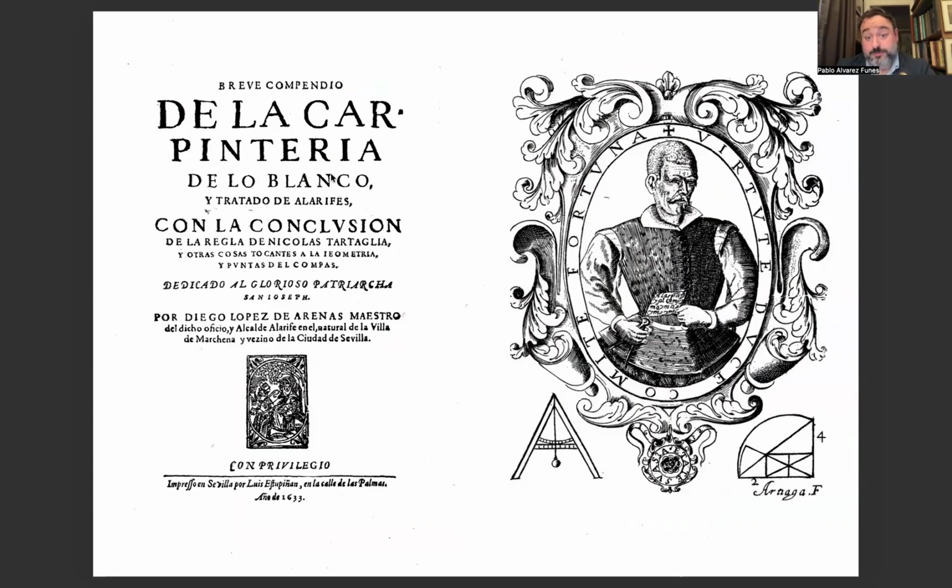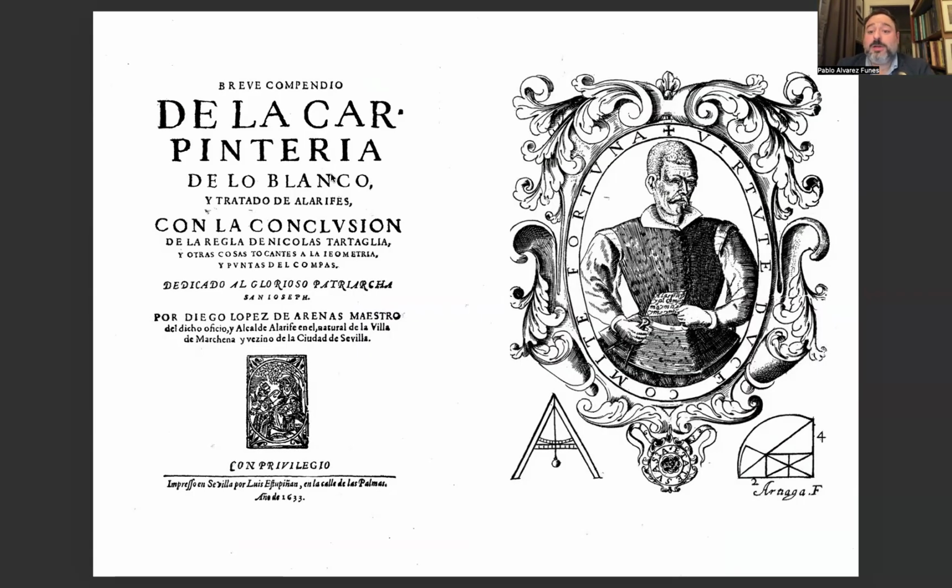We also have books. In this case, this is a book called Carpintería de lo Blanco y Tratado del Alarife. So it's like white carpentry and treatise on builders, because Alarife means builder. This was done by a gentleman at the beginning of the 17th century called Diego López de Arenas. He was a master builder doing mudéjar coffered ceilings, which we will see at the end of this season.